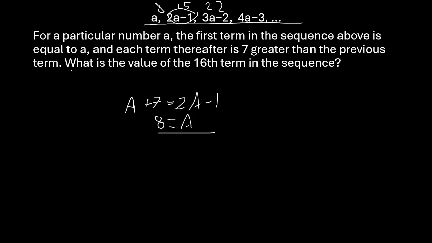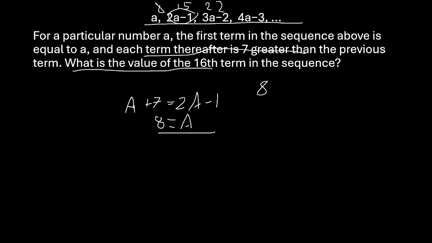The question is, what is the value of the 16th term? Well, we can calculate this by using the information that each term is 7 greater than the one before. So the first term is 8. That's the first. And if we add 7 each time, then we get the next.